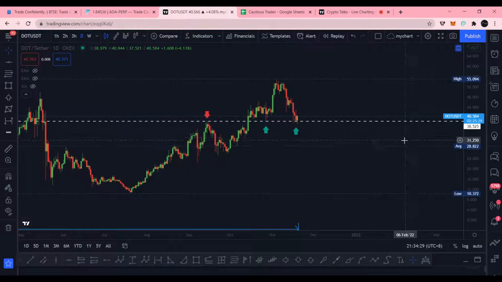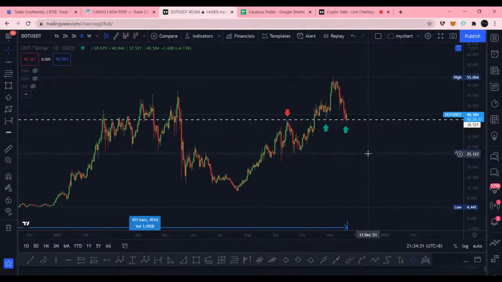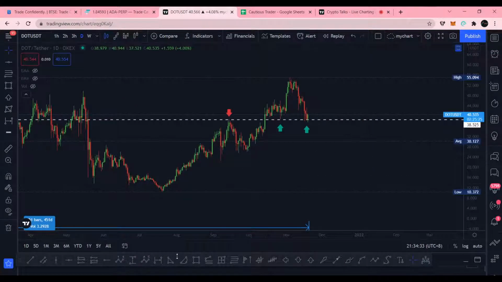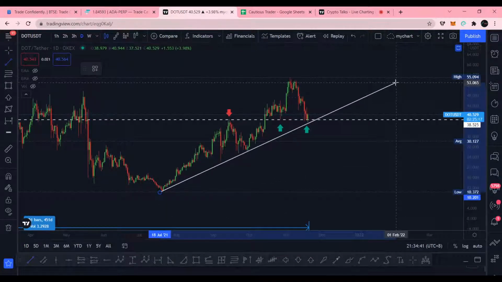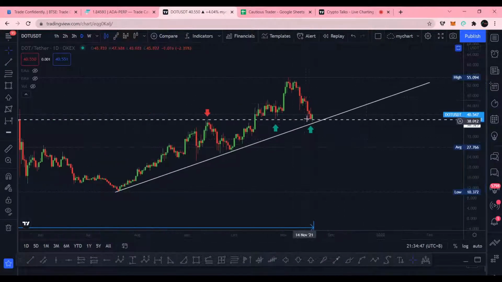It's easier when it's just short. And then we'll add a bit of trend line. We'll use this one and here. You can see that it's already at the support of this trend line. So I'm expecting a bounce from here to that $55 high.